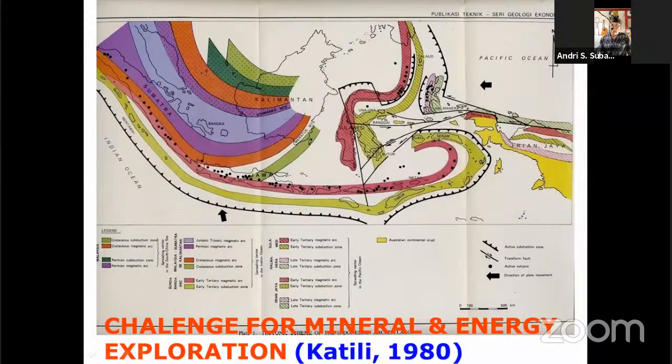For example, in Bangka Belitung we have tin deposits from Permo-Triassic subduction magmatism. We also have gold and copper mineralization, mostly in the middle until late Miocene. For nickel and chromite in Celebes and also in Halmahera, we have Tertiary magmatism and subduction complex.